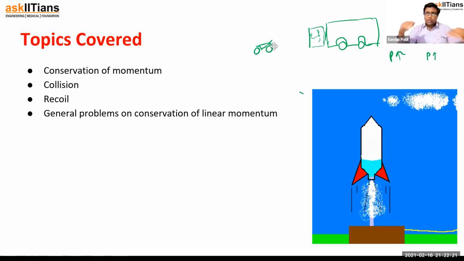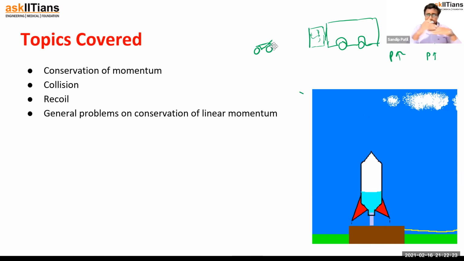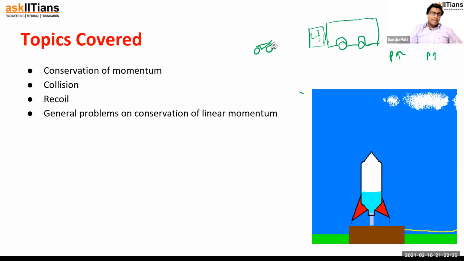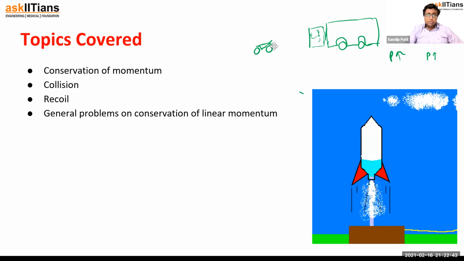If both are running on the road in opposite directions, what will happen if they collide? Not much will happen to the truck, but the bike will fly away, right? Why is it happening? Because the truck will have very big momentum. Its mass is more, and velocity will also be there.